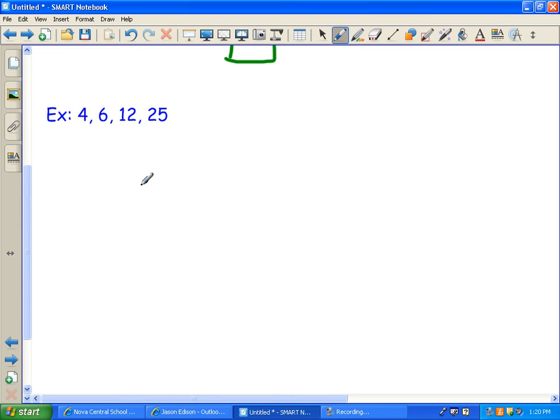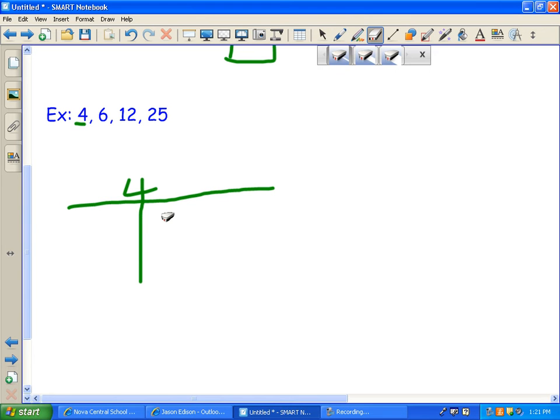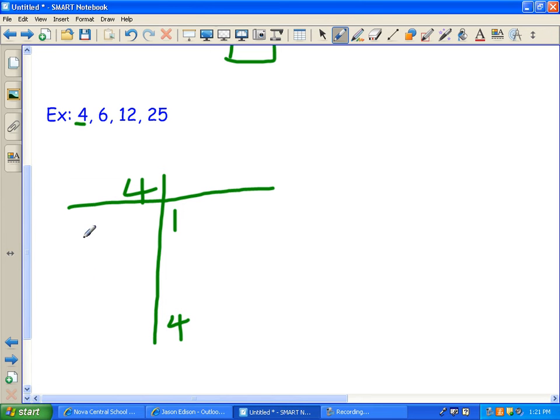So let's take the first example, 4. Well, if we want to write out the factors of 4, I could end up writing down all the numbers that will give us 4. Well, 1 times 4 works, because 1 times any number will give you that number.